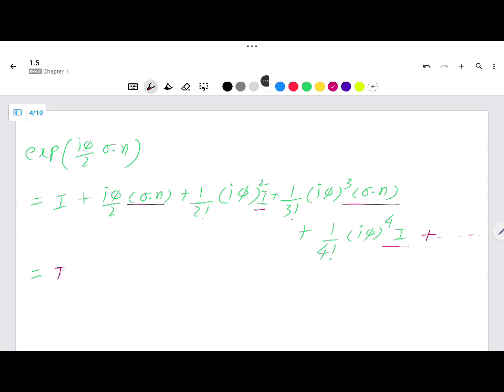So there is identity plus the 2 factorial term, where i squared will give me minus 1. There is one i phi by 2 here.